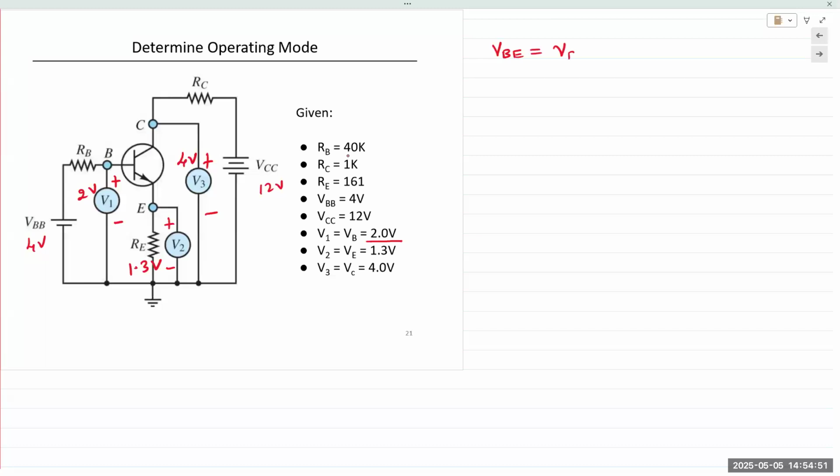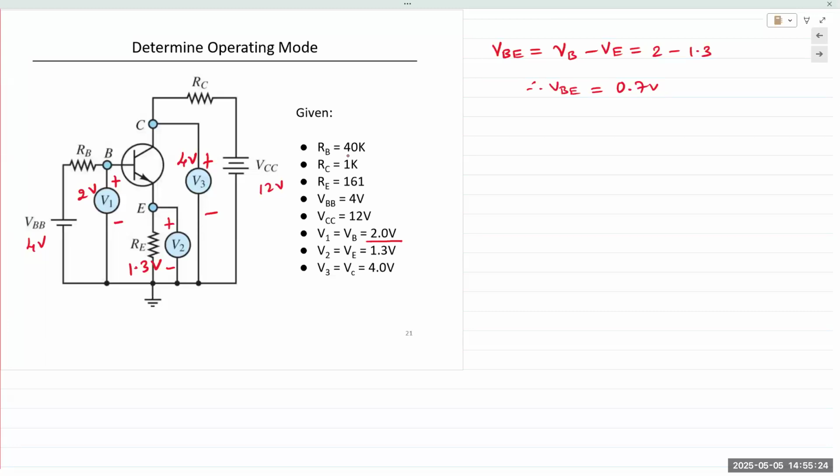VBE is VB minus VE. It's 2 minus 1.3, so it's only 0.7 volts. Forward bias or reverse bias? It's forward bias. Forward bias PN junction, it's 0.6 to 0.7 volts. That means it's on, and it's an NPN transistor.